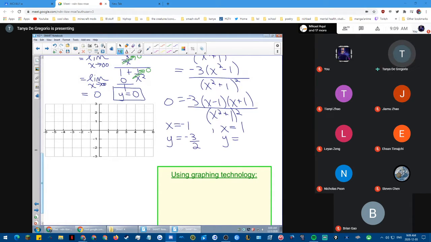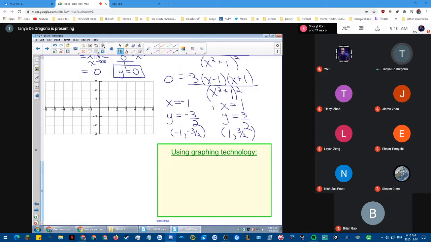And when I sub in +1, what is it? So we basically have 2 points, 2 critical points. Good. Now, I want to know if these critical points are in fact maxes and mins. These are potential maxes and mins.